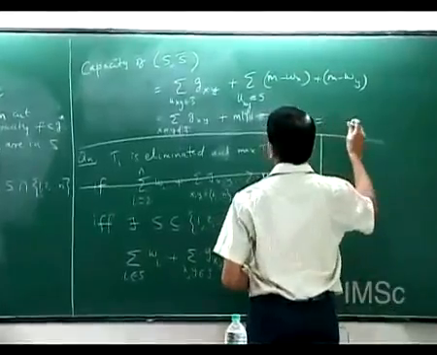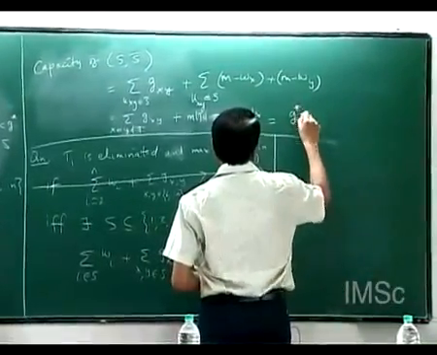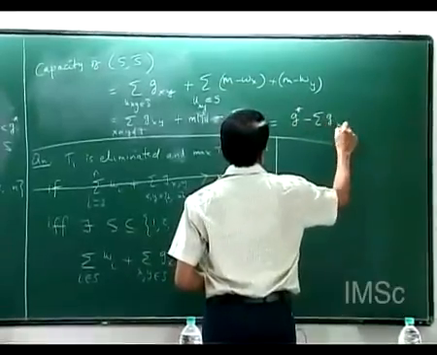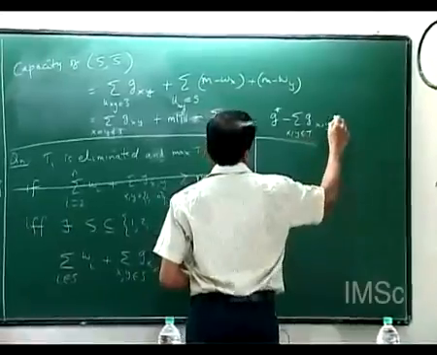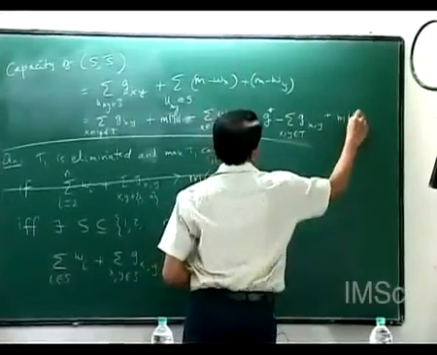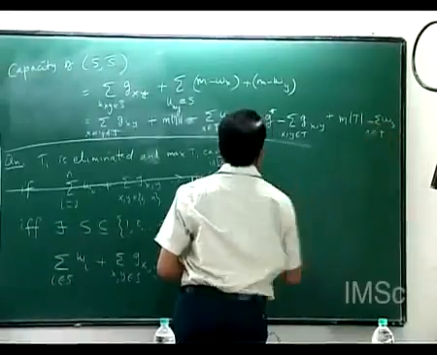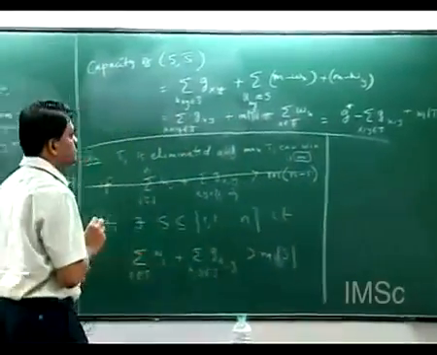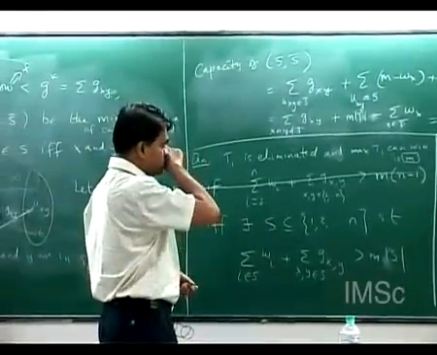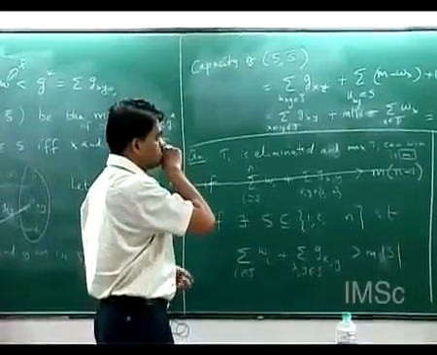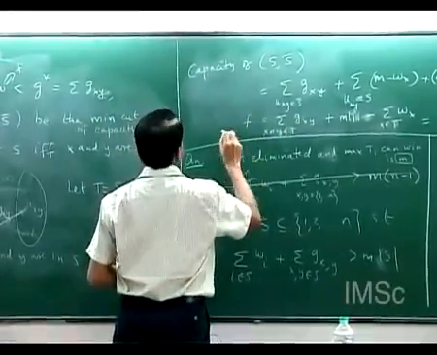So, this is equal to total games G star minus summation gxy, xy is in T, plus m times T minus summation wx, x is in T. And this whole thing we know is equal to f, which is less than G star.